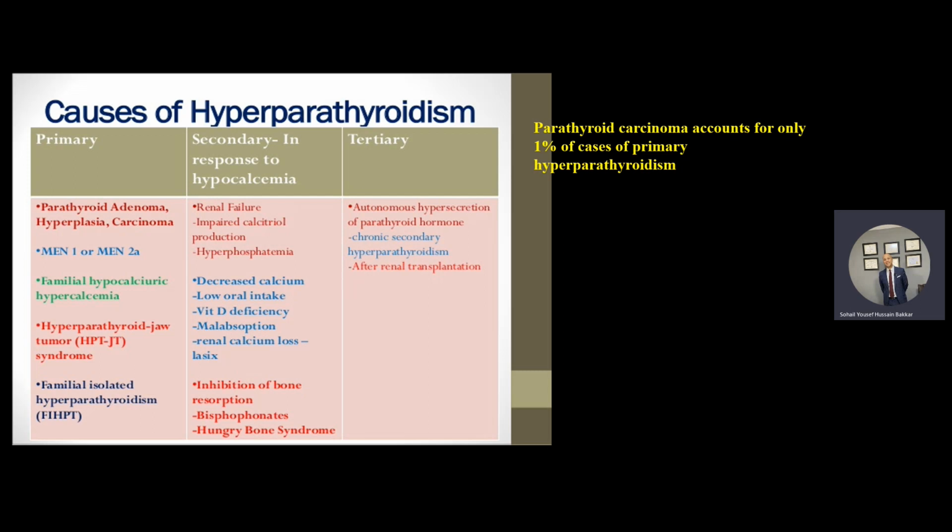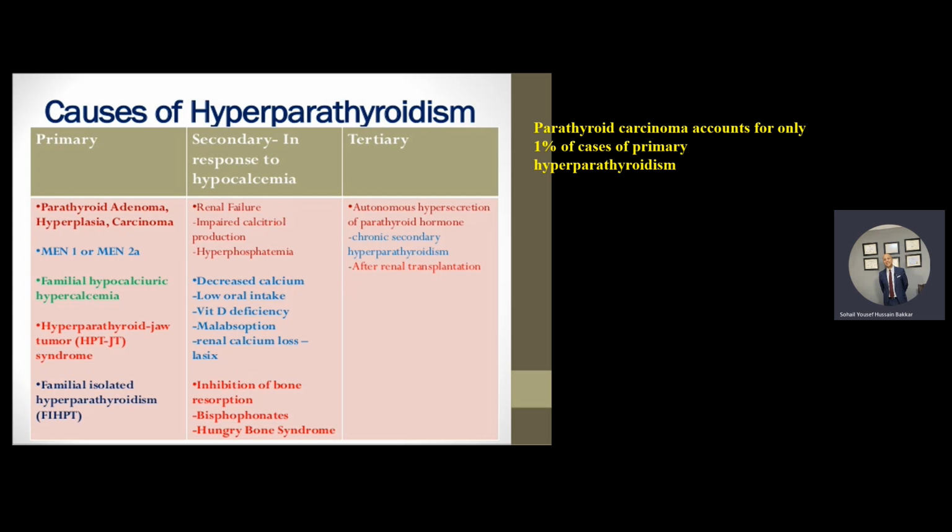Let's speak about primary again. We said that the cause of primary hyperparathyroidism is primarily related to one or more of the parathyroid glands, by which I mean that you can have single gland disease, a single adenoma, which accounts for 90% of cases of primary hyperparathyroidism.